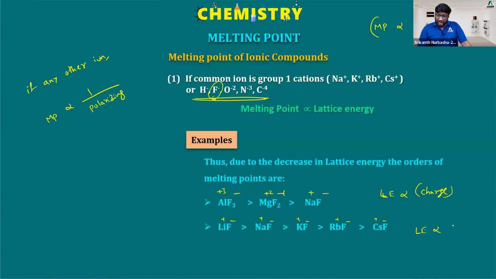So lattice energy here is inversely proportional to size. Where the size is greatest, Cs+, there will be less lattice energy. Lesser the lattice energy, lesser the melting point. So lithium fluoride has the highest melting point, then sodium fluoride, potassium fluoride, rubidium fluoride, and then cesium fluoride.